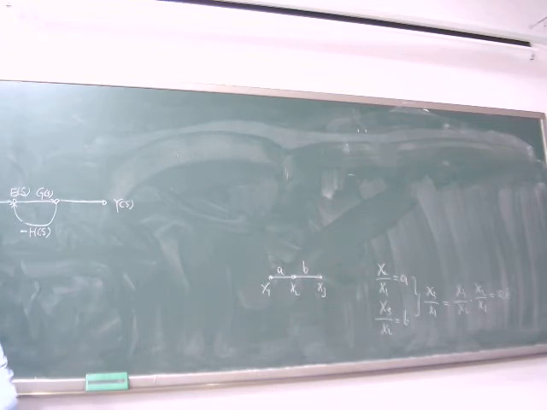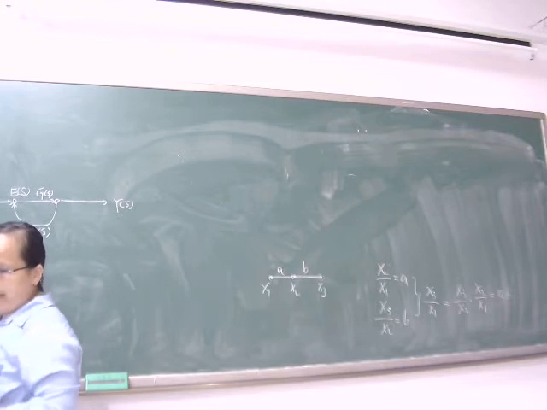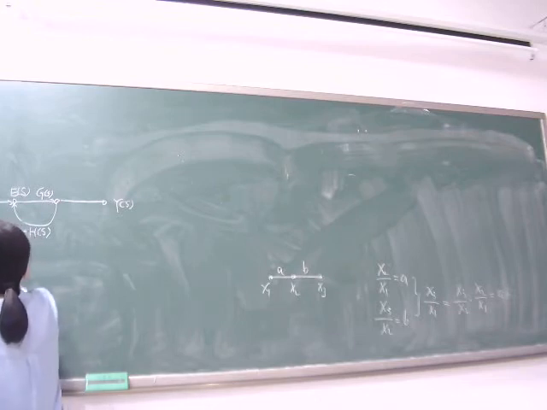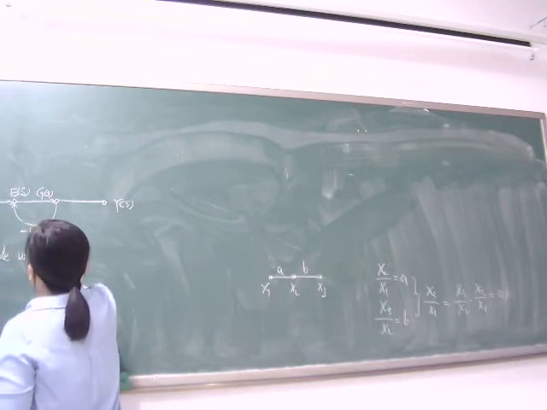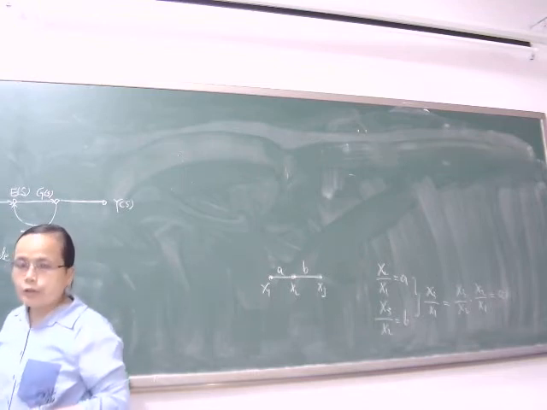Feedback. There are about 8 terminologies we should remember. First is source. What is source? The source is a node with only outgoing branches.